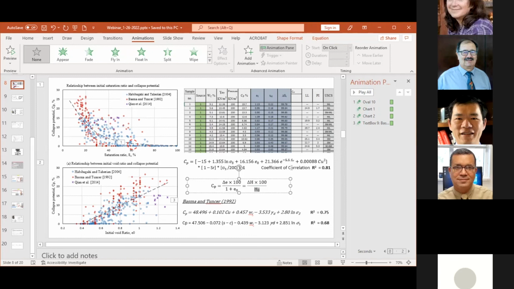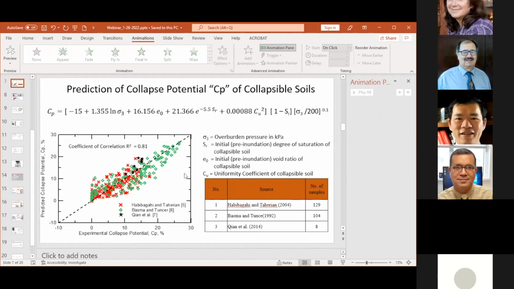So I went back to the old-fashioned way of modeling, which is dealing with the parameters individually, one by one, to study their impact on the CP. And I measured my success in the modeling by comparing the results from my correlation to the experimental results, as I showed over there. So I'm not sure whether this is going to be successful or not.